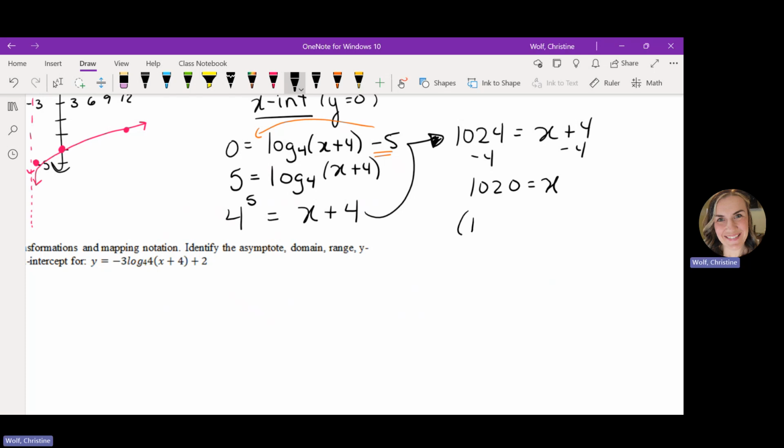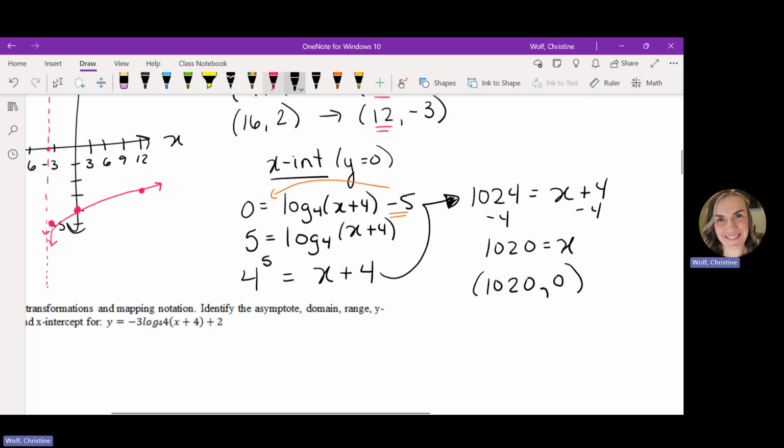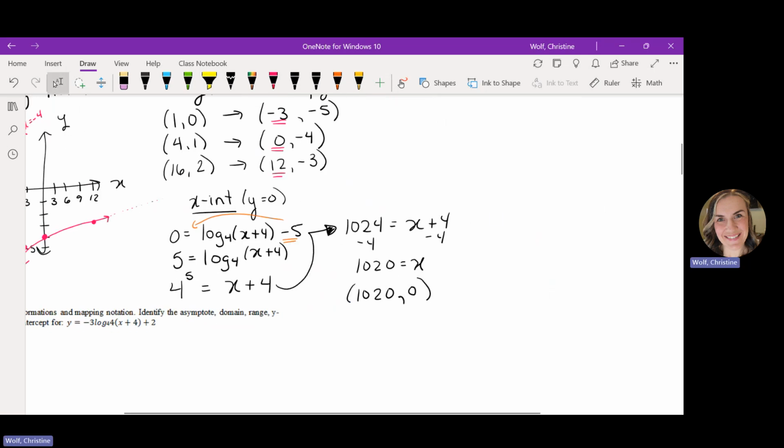So my x-intercept would be on the x-axis at 1020. So this curve right here would slowly trend upwards, very slowly. And by the time it met the x-axis, it would be out at 1020, pretty far over. So that's our x-intercept. It asked me also to state my y-intercept. We already found that.